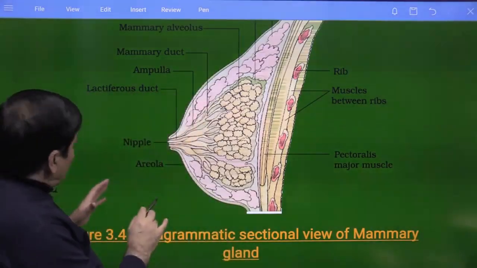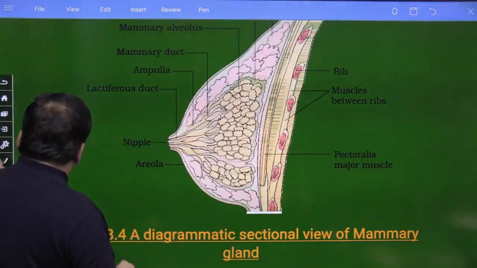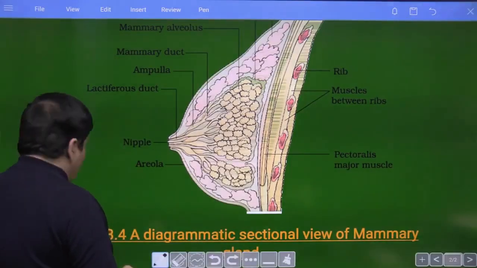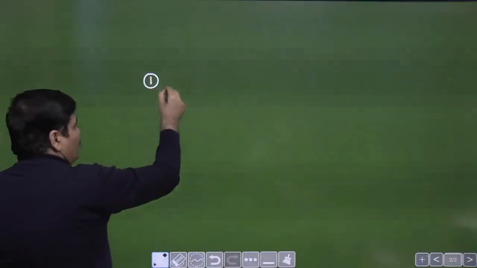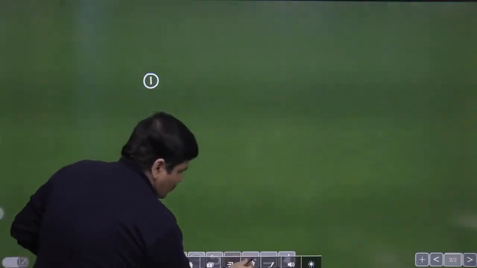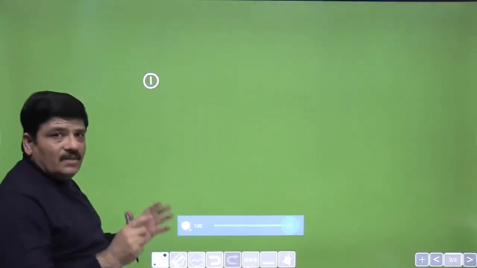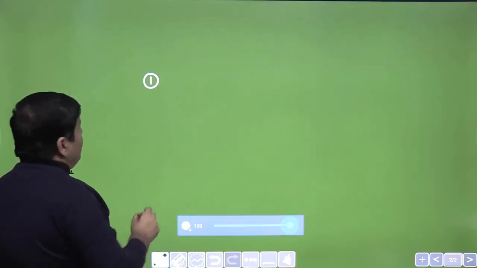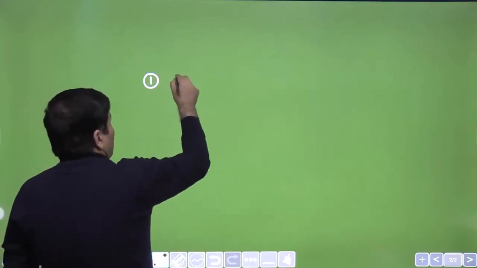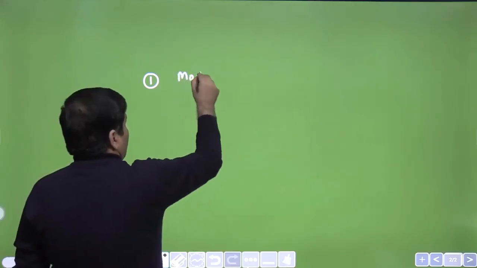Now let us look at the gross anatomy of the mammary gland, and some of the important questions would be: number 1, the mammary gland in the females is considered to be a modified sweat gland.